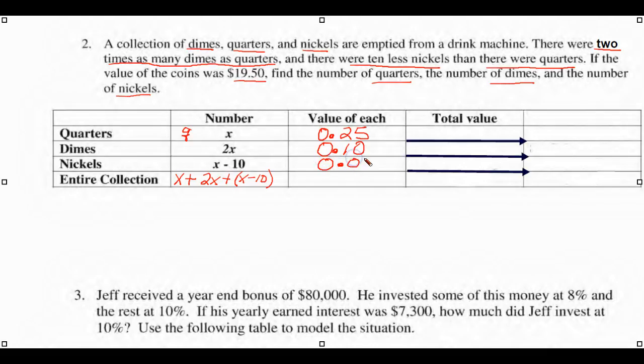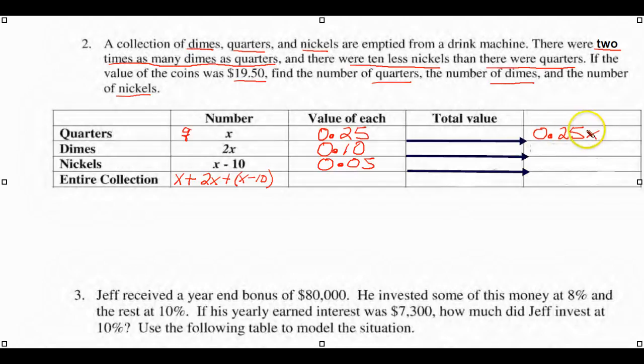Now, if we have this many quarters, this is like a number, 5, 10, 15, whatever, we don't know, and each is worth 25 cents, what is our total value? And this is what some of you are having a problem with. It would be 0.25x.